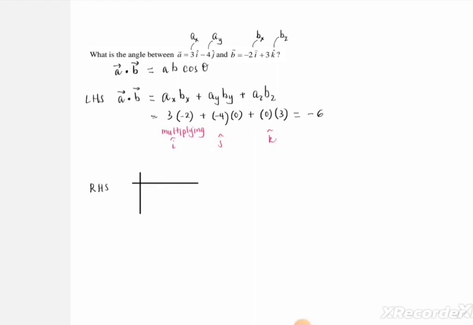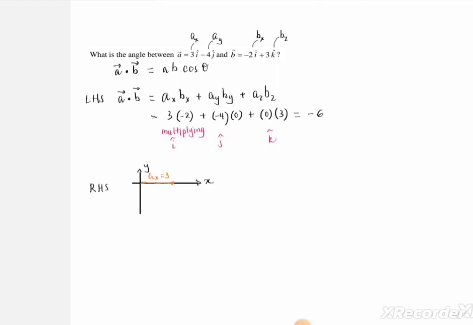So the A vector has an x and a y component. We have positive 3 and then negative 4 on the y-axis. So we will have positive 3. This is our AX, which is 3.